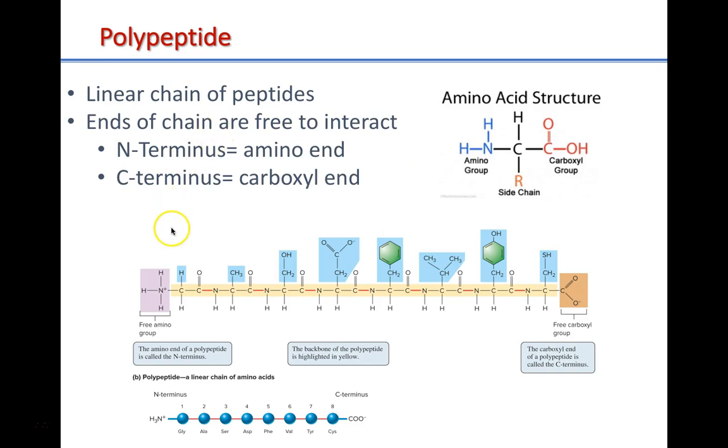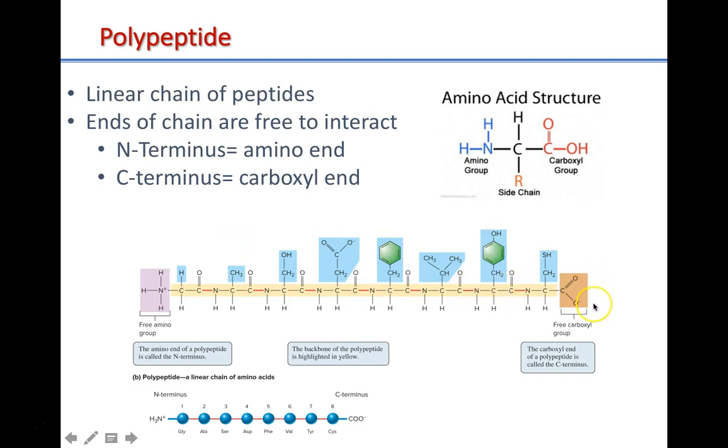The ends of the polypeptide chain are going to be free. One end is going to have the amino group hanging off. Do you remember the structure here? The side that has the amino group hanging off is what we call an N-terminus. And then you'll have a chain of the amino acids linked together with the R groups sticking out.